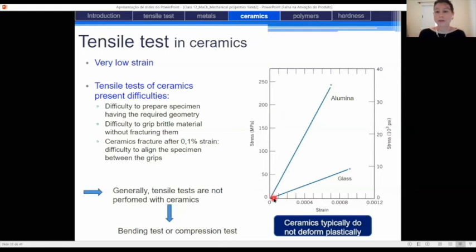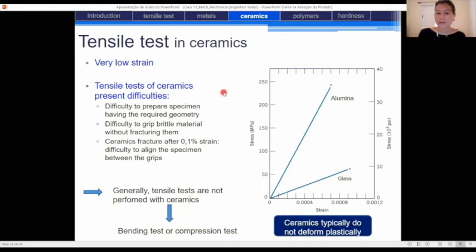Generally, we will say that ceramics have very little plastic deformation. Once it reaches almost the end of the elastic regime, it will break, and so they deform to a very low extent. The strain at break is very low compared to metals and polymers.